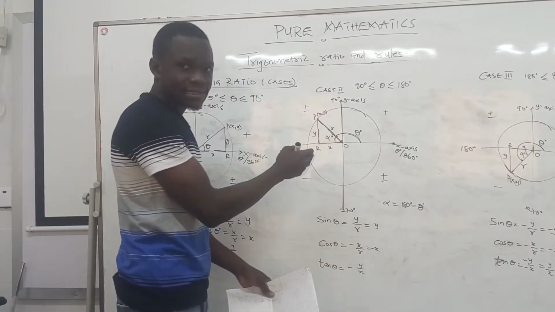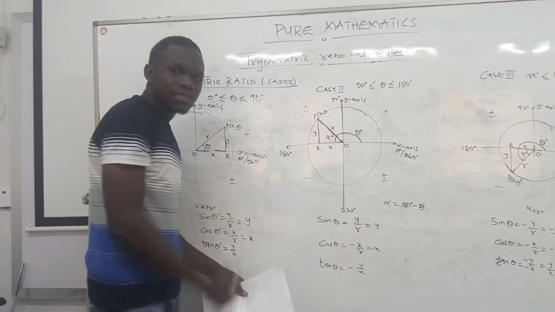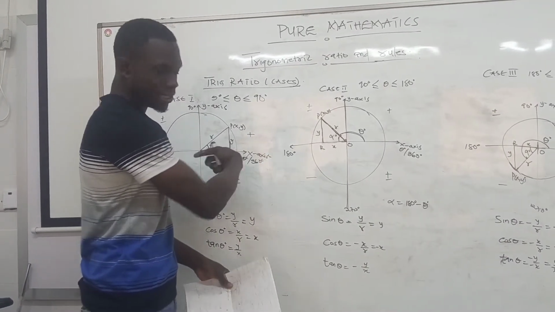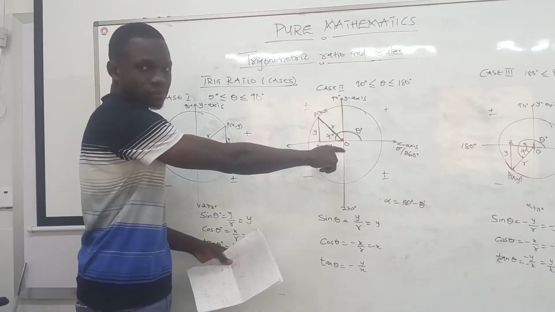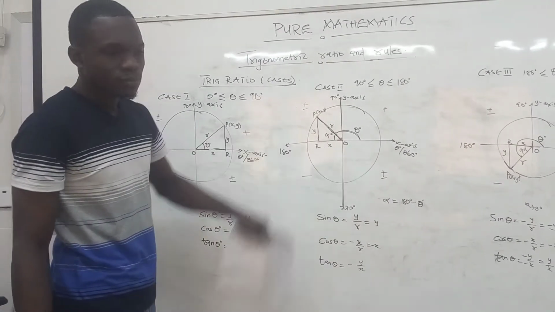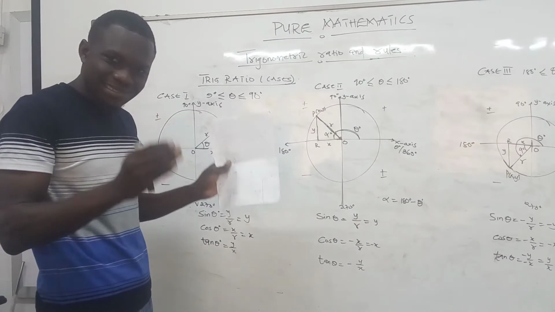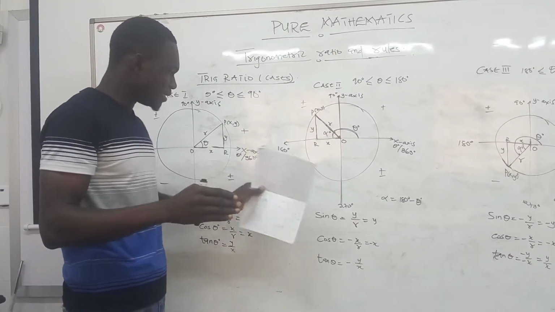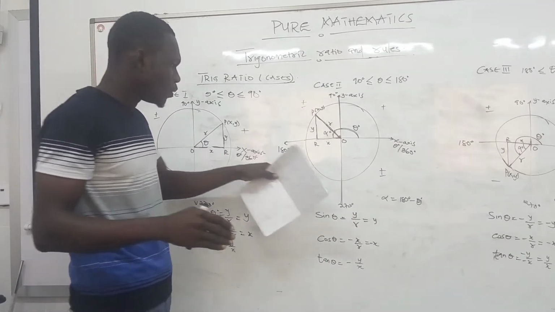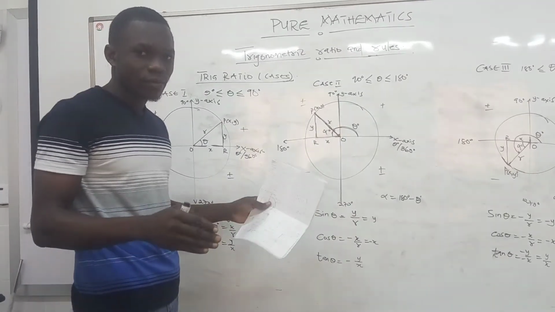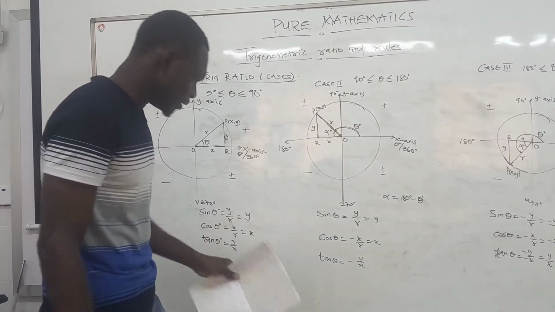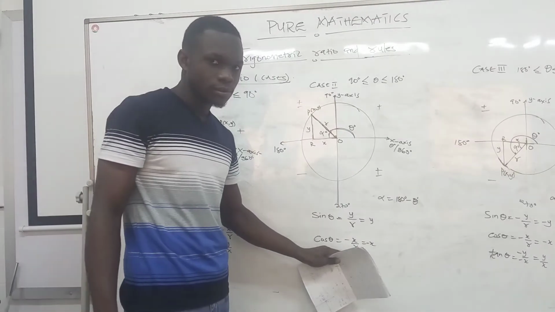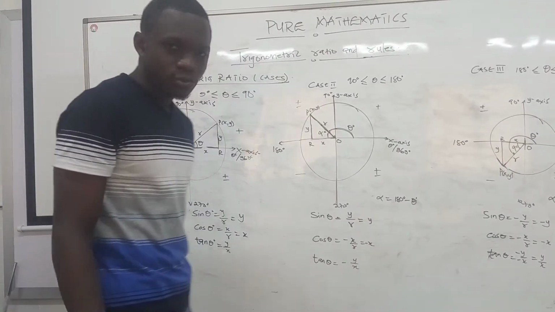But for the x, it is moving in the negative direction from the origin, so there is a negative sign here, and thus x will be said to be negative. The distance is not negative, but the direction where it lies is. That is why we add negative to it. So here we have cos theta to be negative x over r. So we finally get cos to be negative.